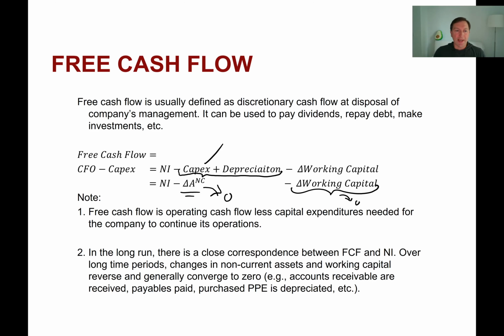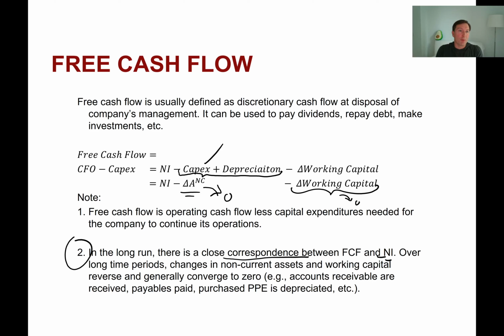Another conceptually important point is that free cash flow has this parallel, or correspondence, with net income. If you measure net income over a long period of time, and you measure free cash flow over a long period of time, those are going to converge, because all accruals wash out. They only matter when we're trying to slice performance into relatively short periods.